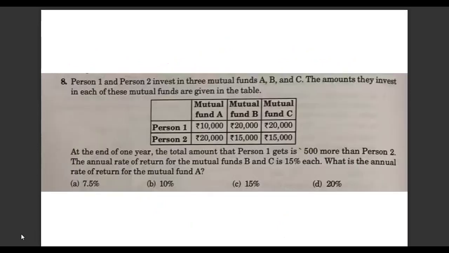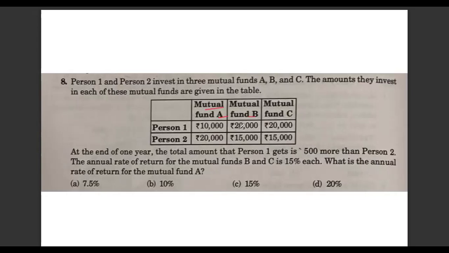Alright, let us read question number 8. Person 1 and person 2 invested in 3 mutual funds A, B, C. The amounts they invest in each of these mutual funds are given in the table. Mutual fund A is 10,000 and 20,000 for person 1 and 2 respectively.